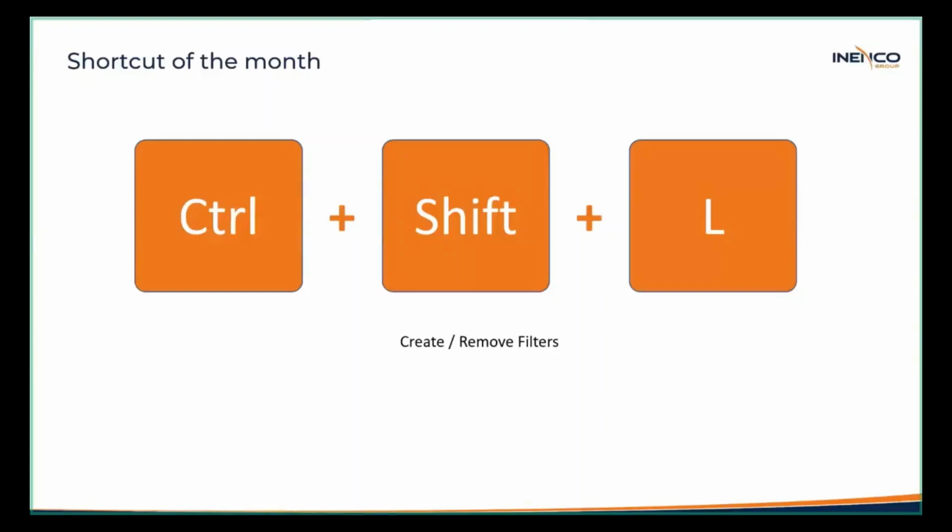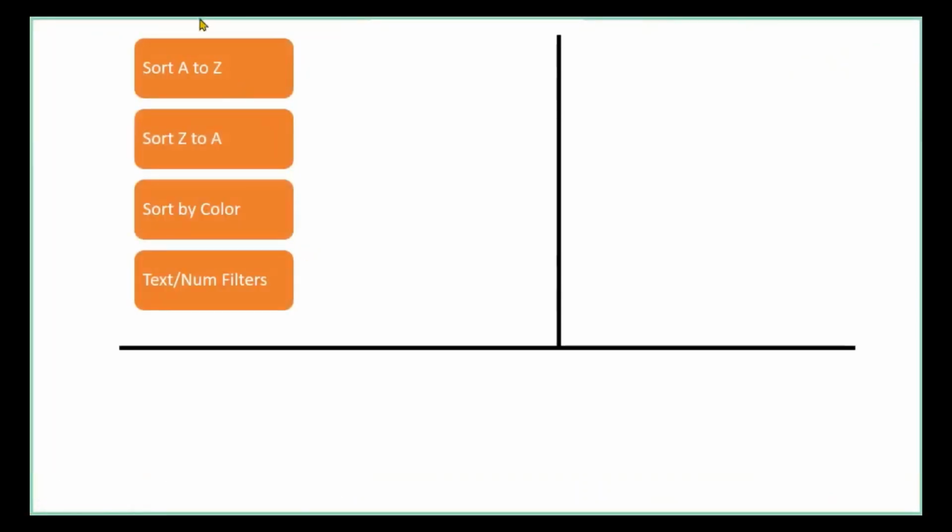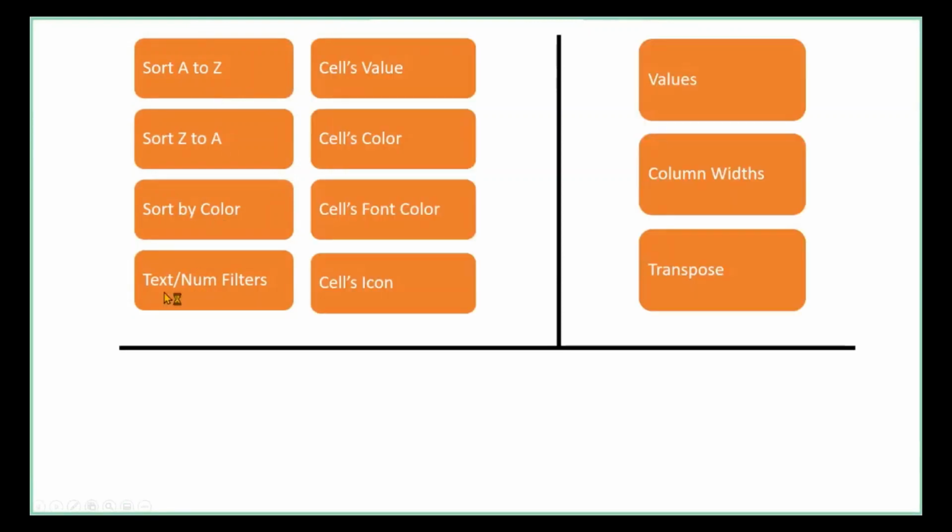All right, perfect. So in closing, we have done filtering. We did A to Z, Z to A, sort by color, sort by number and filters, cell value, cell color, cell font, cell icon. We didn't touch so much, but maybe next time in the more intermediate part. In paste special, we touched on values, a very important one, especially if you're dealing with formulas and functions.